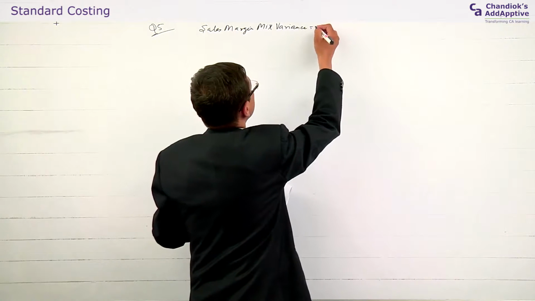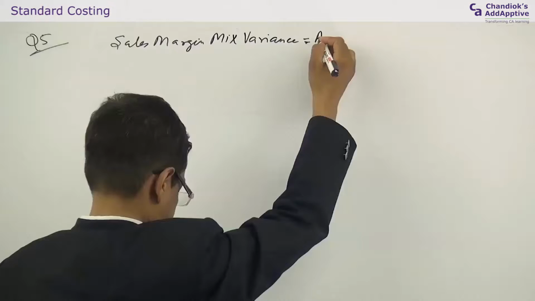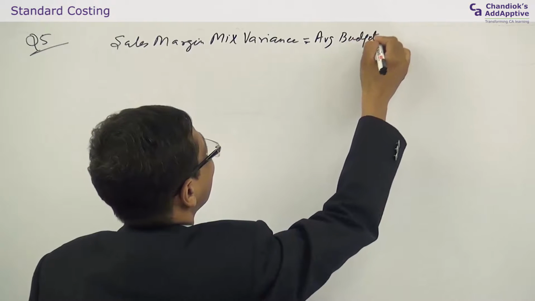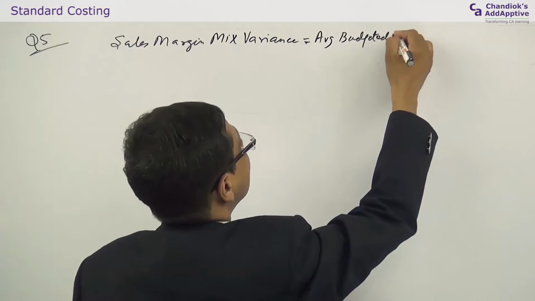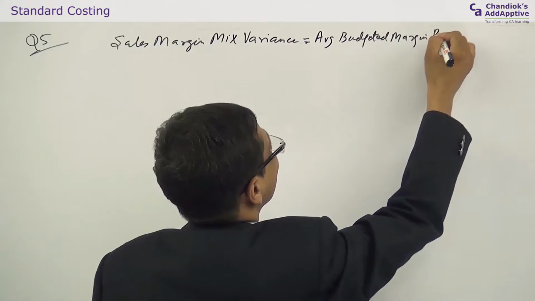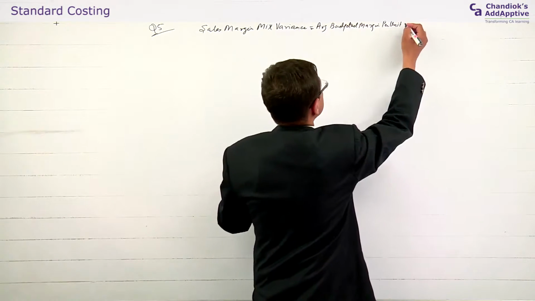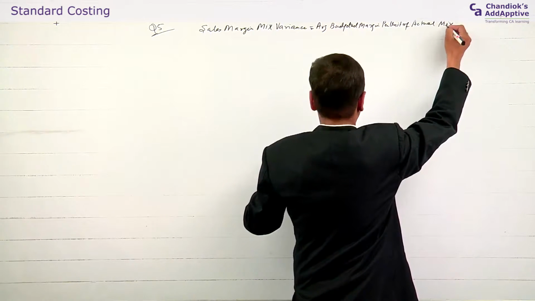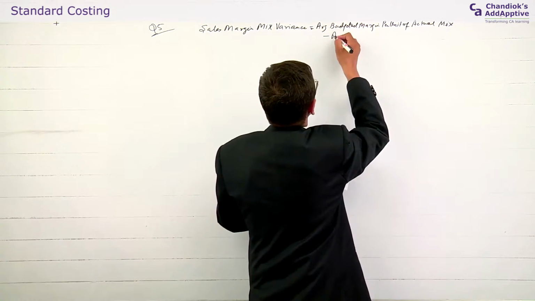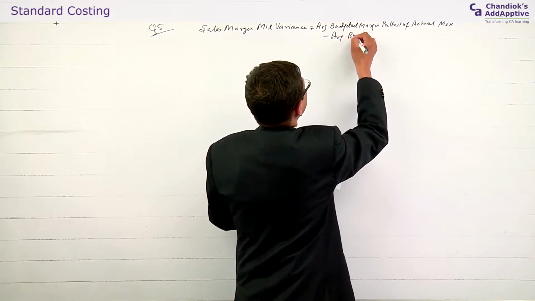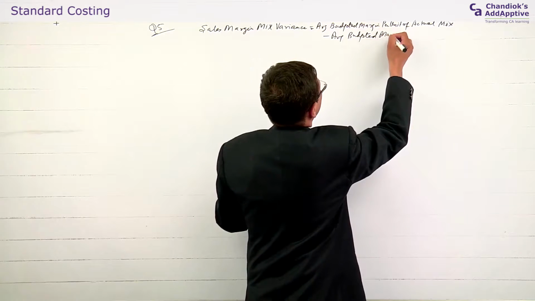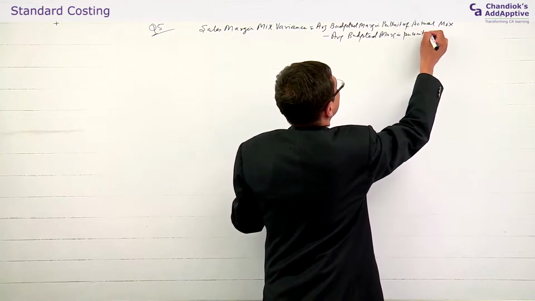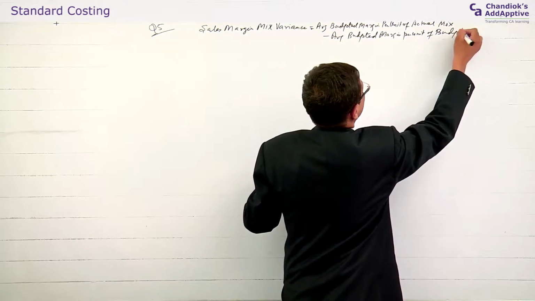This is in formula shape. We can write it: average budgeted margin per unit of actual mix minus average budgeted margin per unit of budgeted mix.